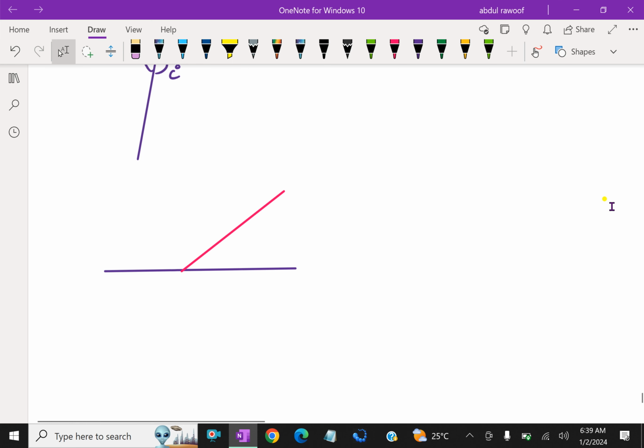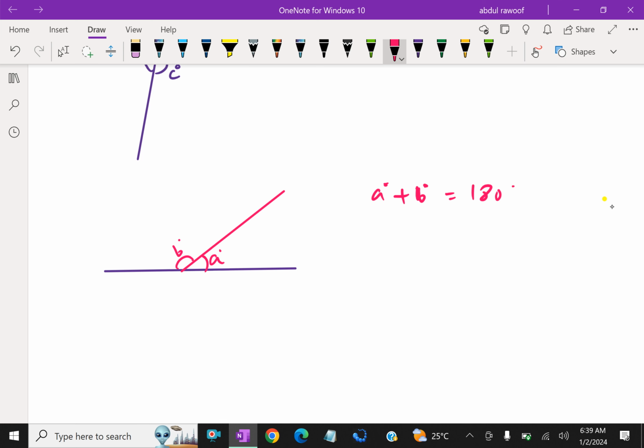Suppose this angle is A, this angle is B. Angle A plus angle B equals 180 degrees.